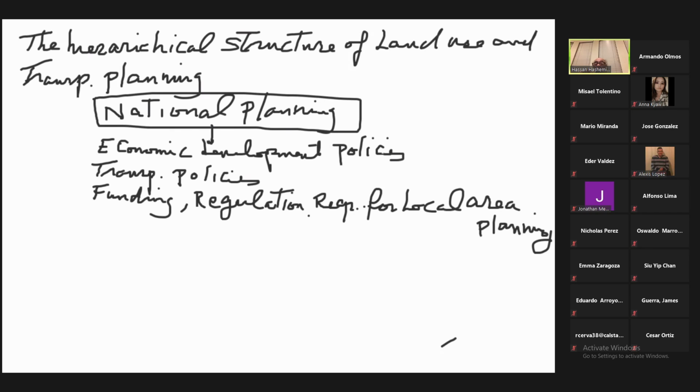They're going to look at the funding. So you know that the transportation budget is, after the defense budget, one of the highest budgets. So where should the funding go?